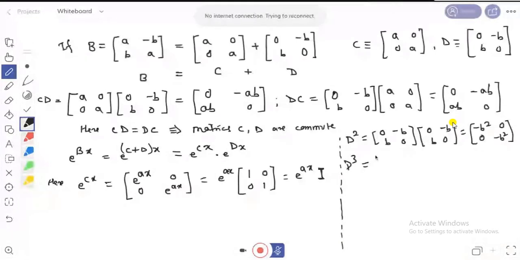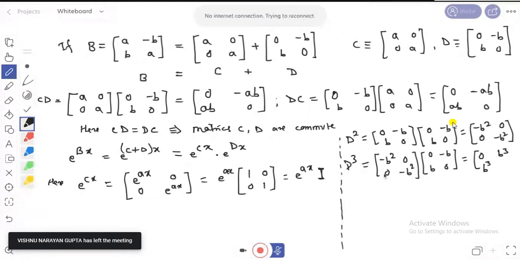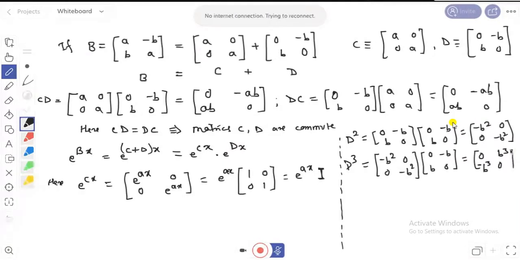Okay, what about D cube? D cube is this D square multiplied by D, so this becomes this multiplied by matrix D. So this equals, here this is 0, and here this is plus b cube, and here again plus b cube, and this is minus. This is 0 minus, this sign is minus, and this is 0. Okay.